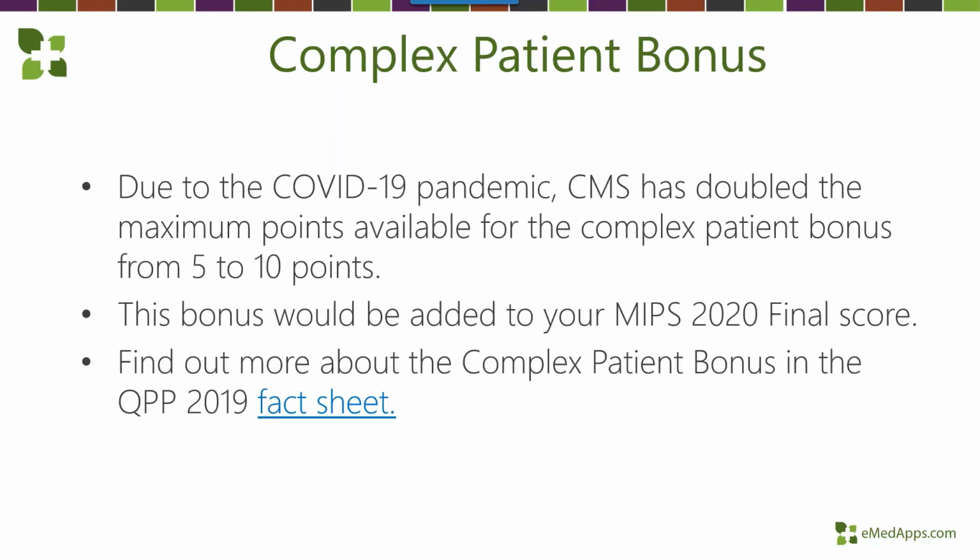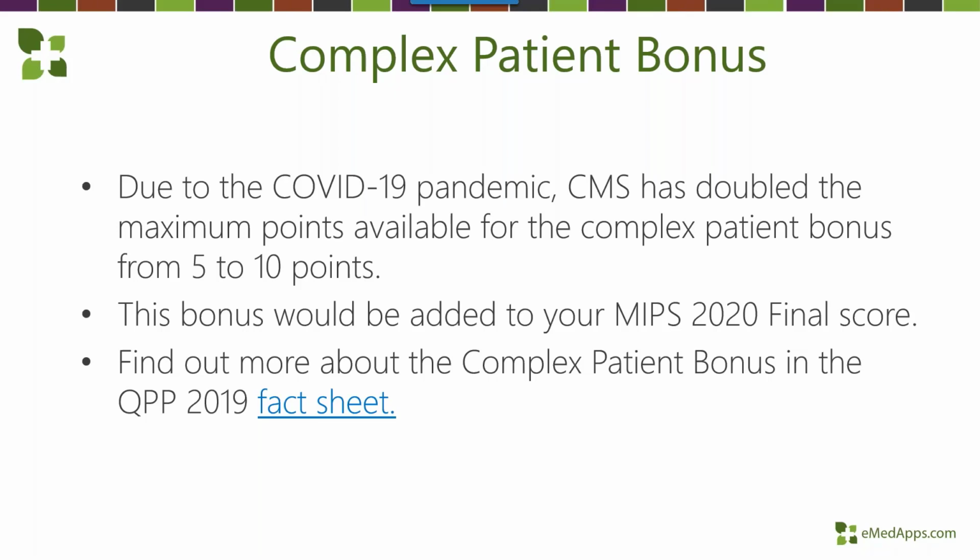Due to the pandemic, just so everyone knows, in case you are able to take advantage of the complex patient bonus, they have upped the points from 5 to 10 points this year because of the pandemic. These bonus points are added to your MIPS final score.